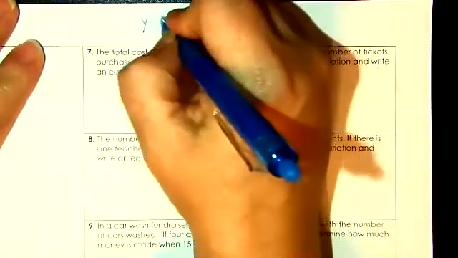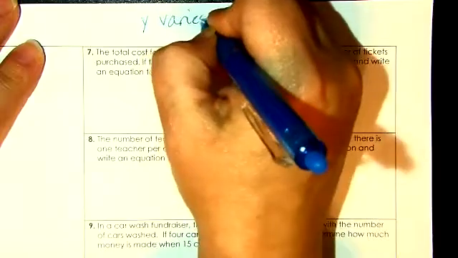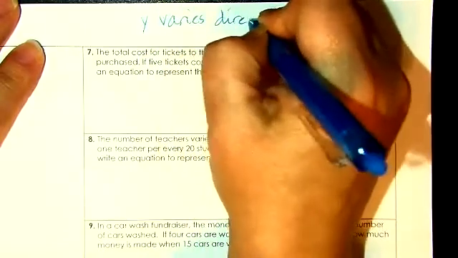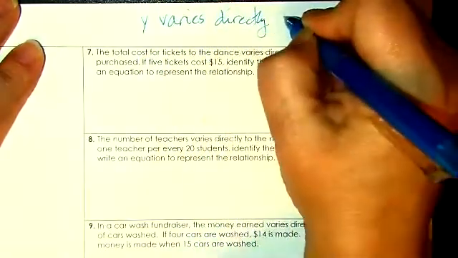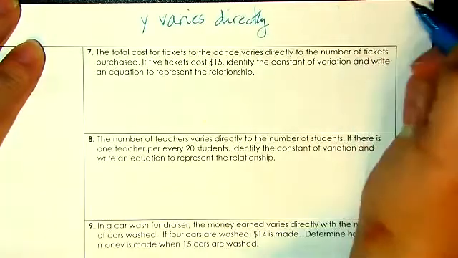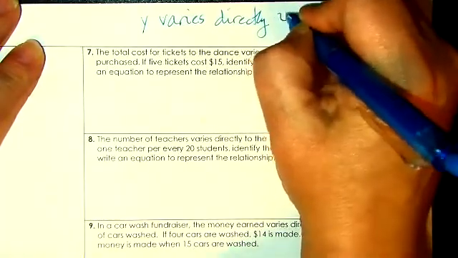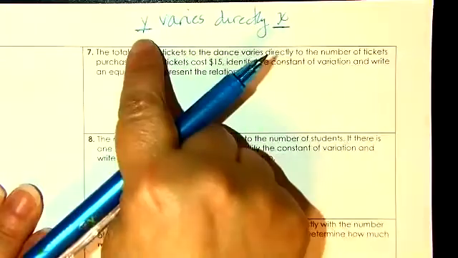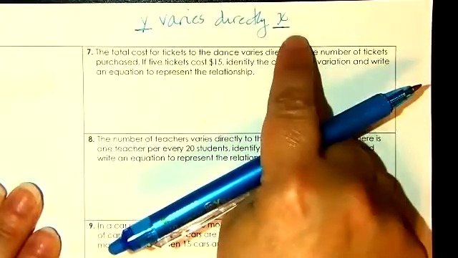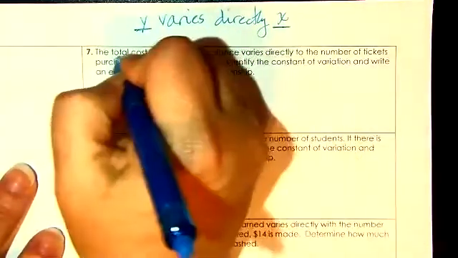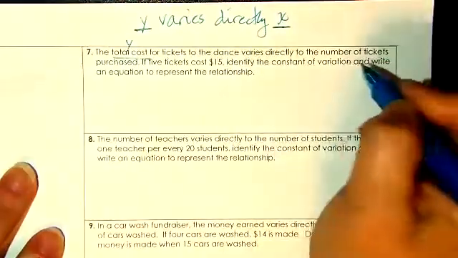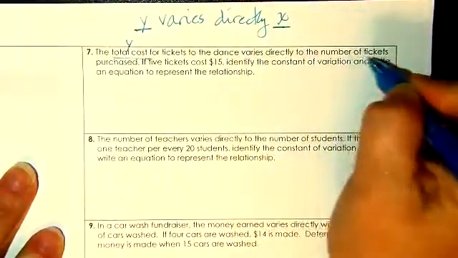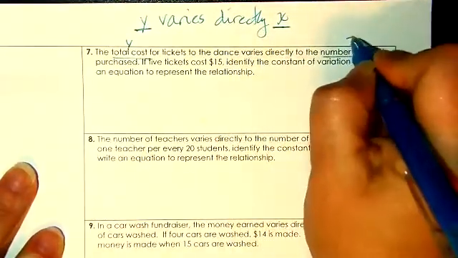Remember, it's Y varies directly with X. So whatever's in front is the Y, whatever's behind it is the X. So therefore, the total cost is my Y. Tickets to the dance varies directly to the number of tickets, which is my X.